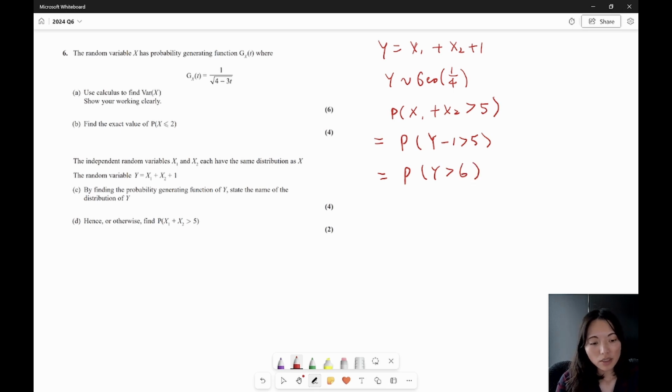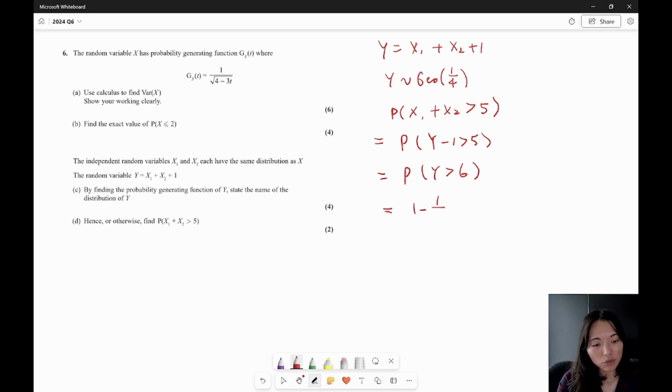And so here we are asked, what's the probability that the number of attempts needed to get a success is greater than 6, which means that we want 6 failures. We know that y follows a geometric distribution. So this is simply asking us, what's the probability that we need to take more than 6 attempts to get a success, which means that we've got failures for 6 times.